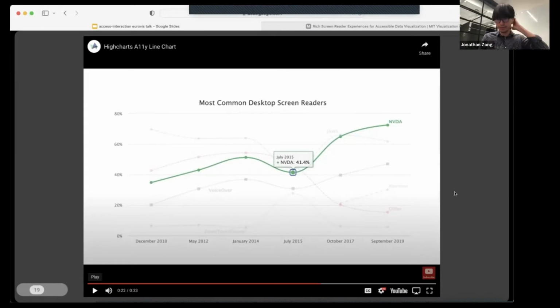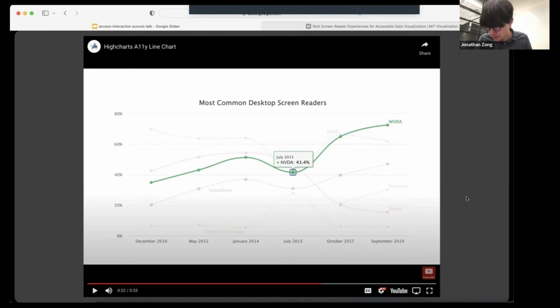Cool. So what's going on here is there's arrow key navigation that lets a user browse around different data points on the chart, and it'll read out just the data for that point. So like a data table, it lets you explore around and control your own navigation while still giving you information.